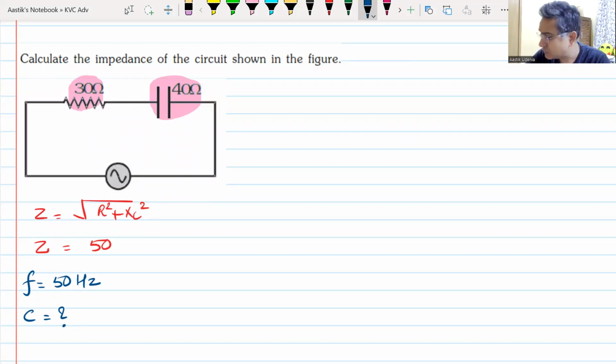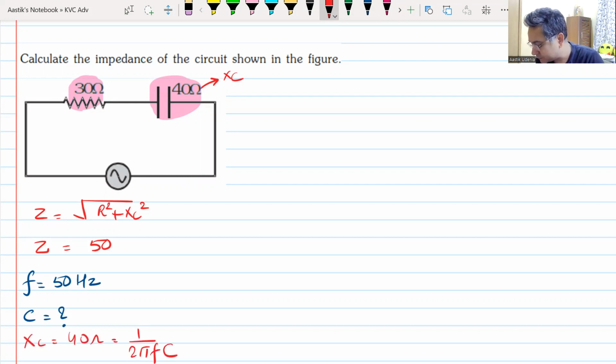So how are we supposed to do this? We know that this 40 ohm is XC, yes or no? So XC is given as 40 ohms, and that is equal to 1 by 2 pi F into C, yes or no? Yes, sir.